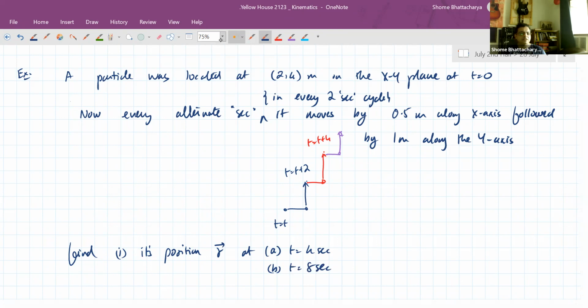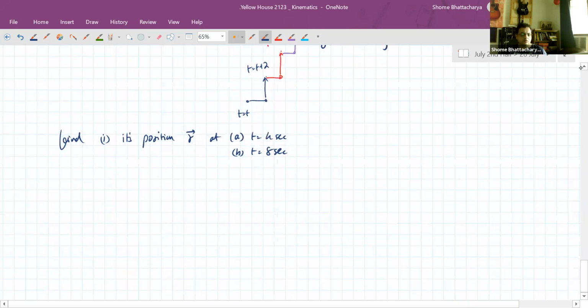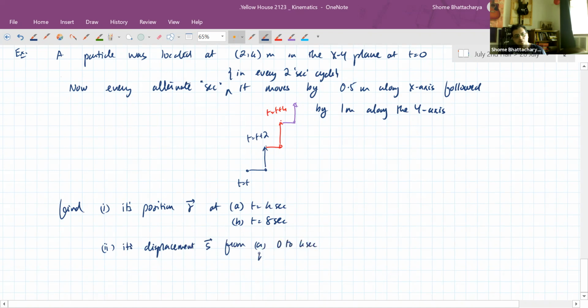And secondly, we have to find its displacement from 0 to 4 seconds, 0 to 8 seconds, and 4 to 8 seconds.